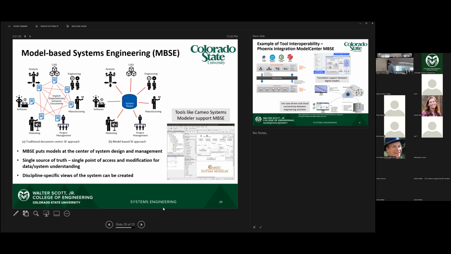So, single source of truth, single point of access and modification for data and system understanding, maybe speaking a little to Jeremy's point of how do you trust things? Well, if we have a single source model and that's very well controlled, then this can be seen as there not being two separate definitions of the system at two different points in our organization. There's a single source for that information. And this still allows and supports discipline-specific views.